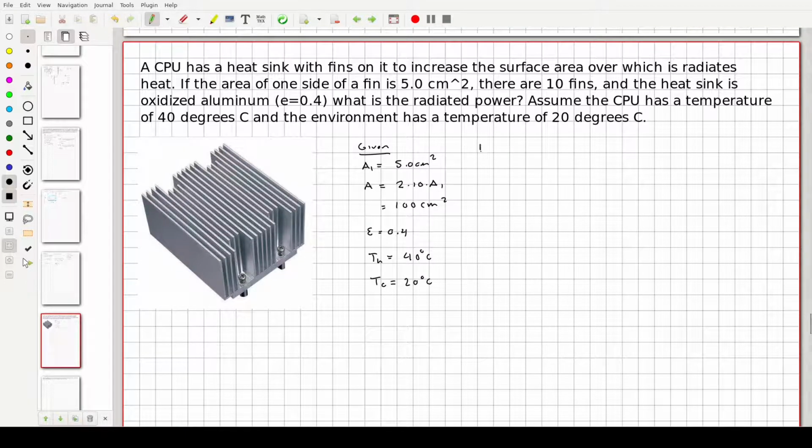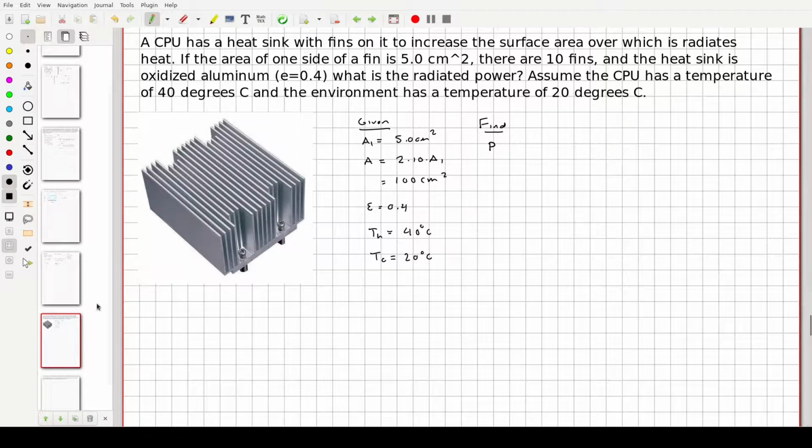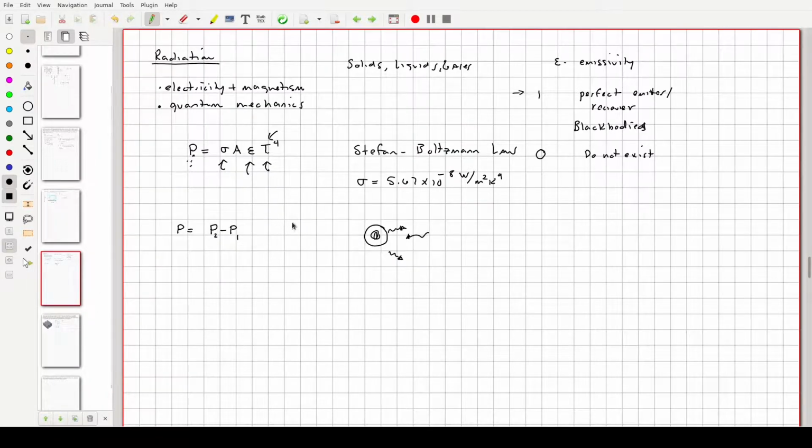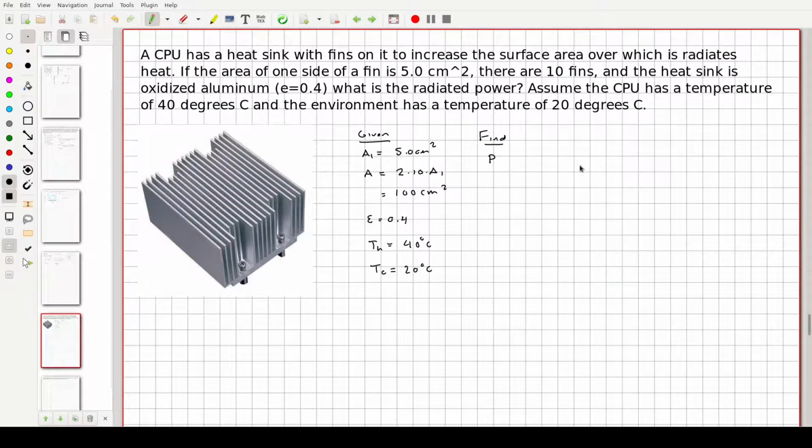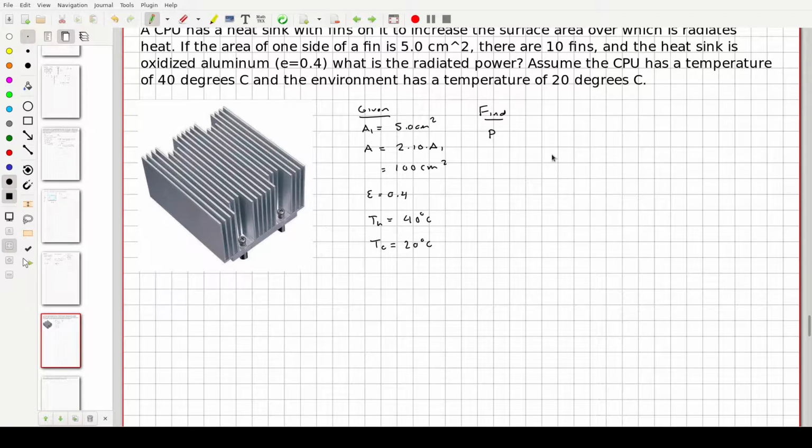Now, we're trying to find the emitted power. But remember, like I had said back over here, you have the radiation that's being emitted by the thing that has temperature, and then you have the environment dumping heat into the thing that's emitting. So the true radiated power is the difference between those two. So our Stefan-Boltzmann law looks like sigma epsilon A T to the fourth.